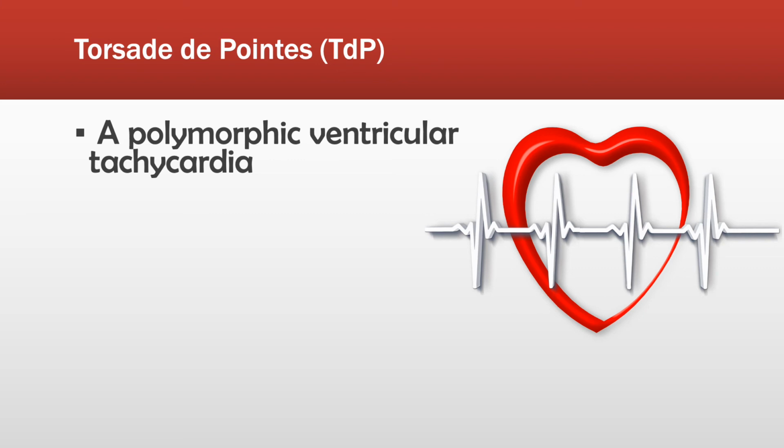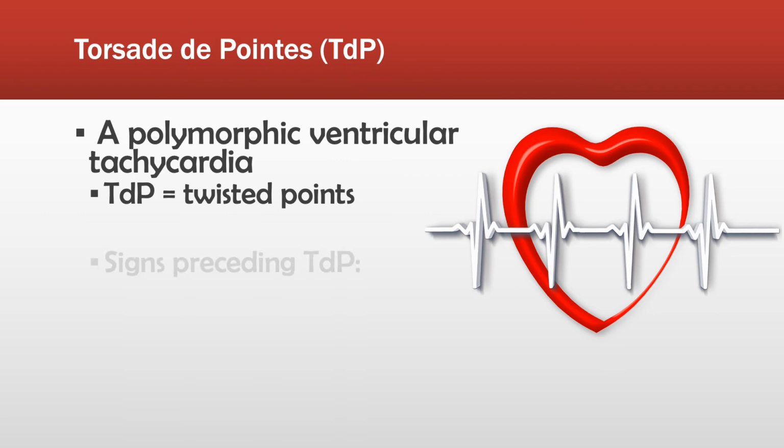The QT interval is the interval seen in the electrocardiogram, EKG or ECG, test of the heart function. The term Torsade de Pointes was coined in 1966. It literally translates to twisting of the points.